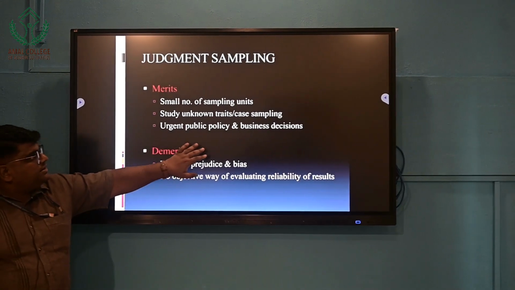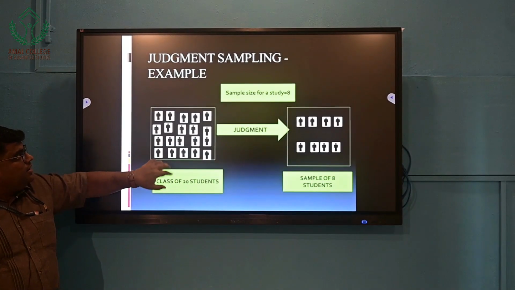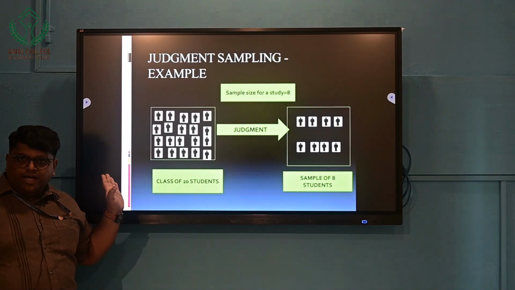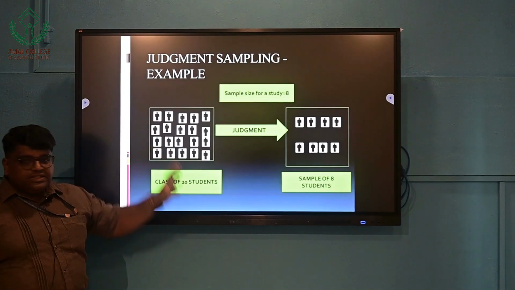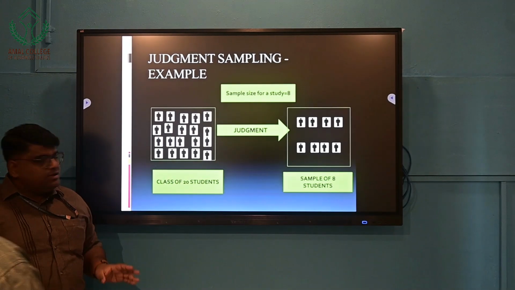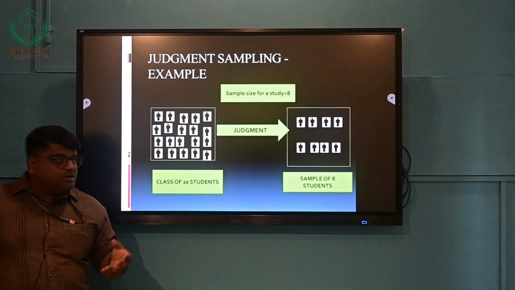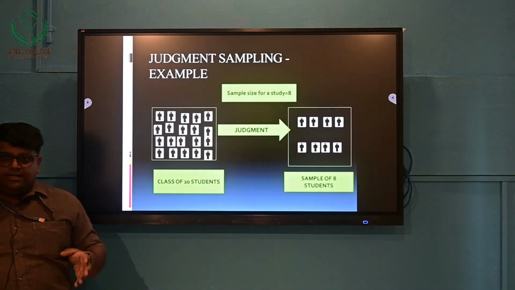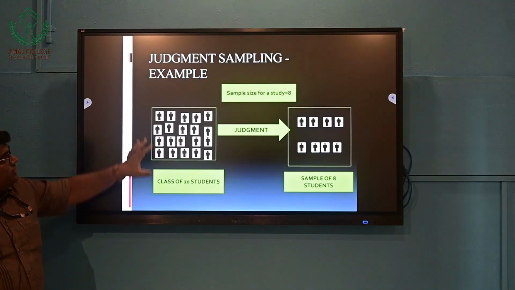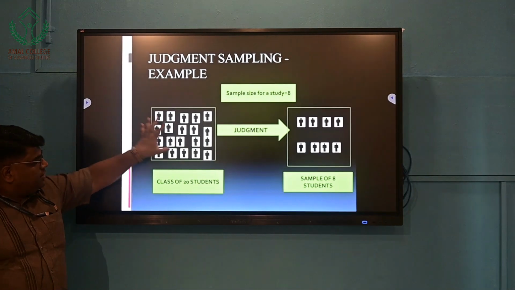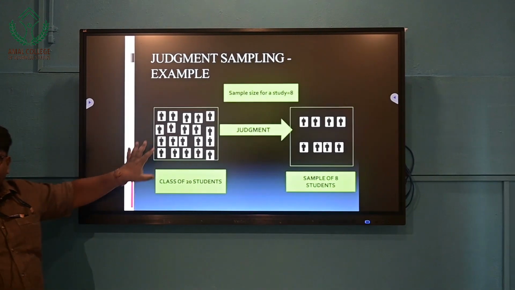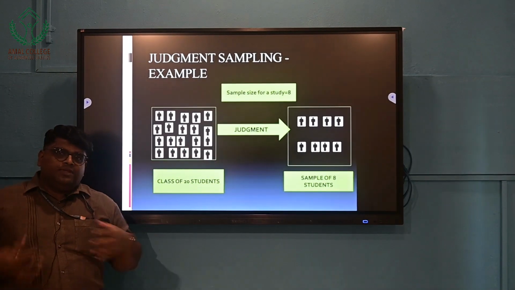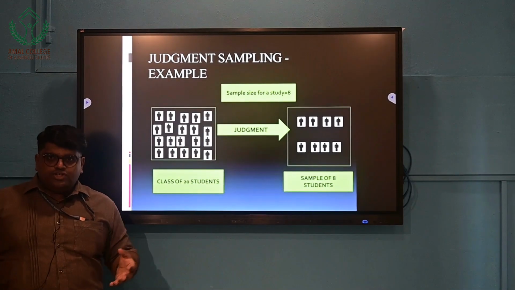Now we can easily understand judgment sampling with the help of this example. All the theory part we have seen. Now this is a practical example which can elaborately explain what exactly judgment sampling is. See in this picture, suppose there are 20 students in a class, and I am the investigator or the researcher.